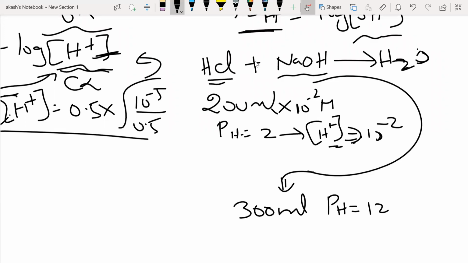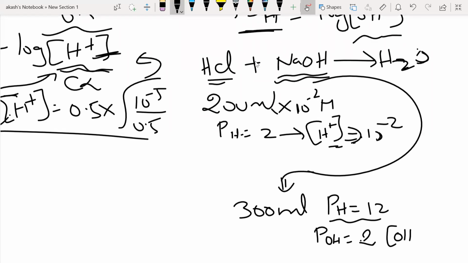Now there is no point in finding the H plus concentration from this, guys. We have to find the OH minus concentration. If I find the OH minus concentration, then that will be the concentration of NaOH. So what will be the value of pOH? I told you pH plus pOH is 14, so pOH will be 2. No issues. Now, what will be the concentration of OH minus? Same thing, right?